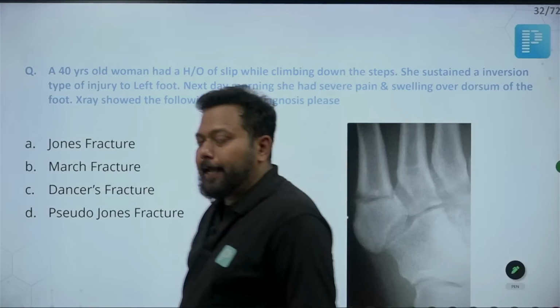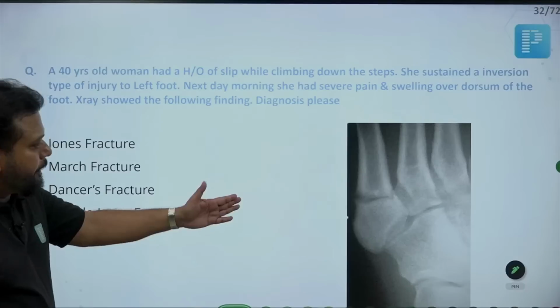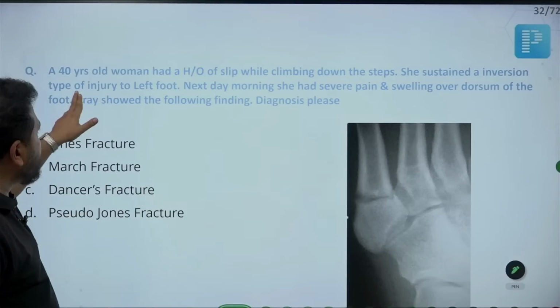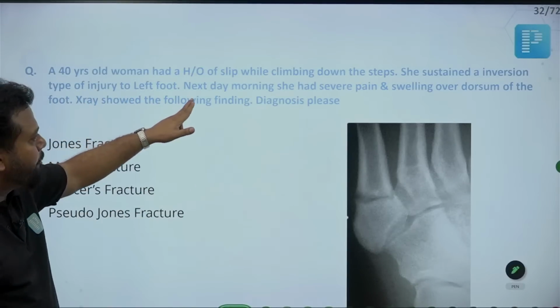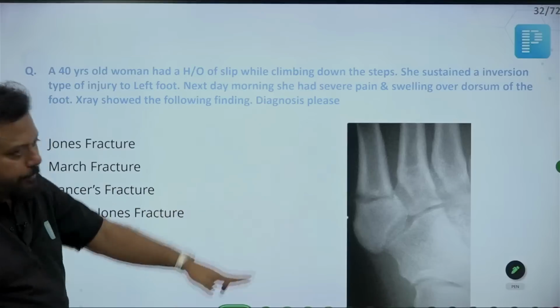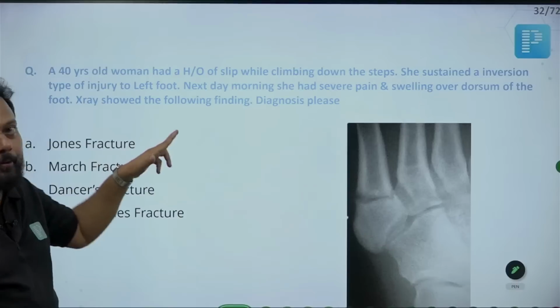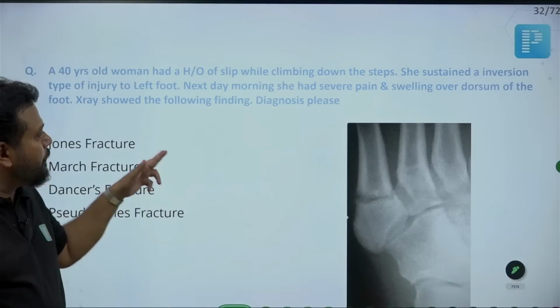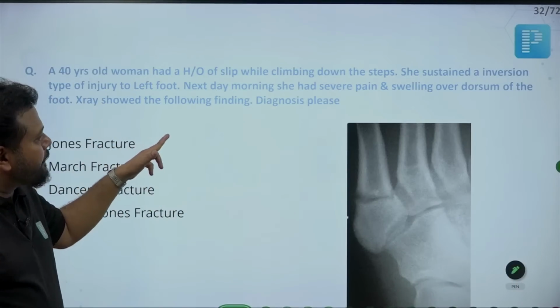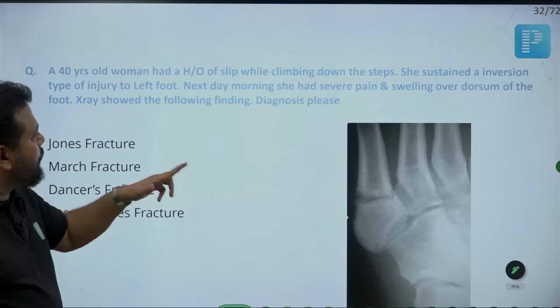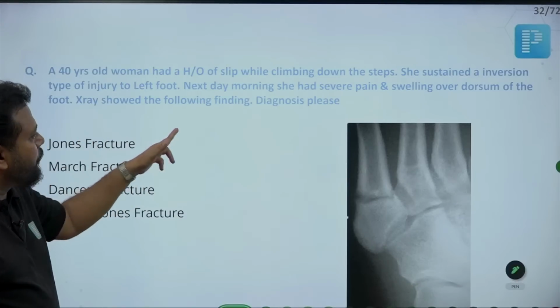Coming to the next question. Look at the X-ray and diagnose. A 40-year-old woman slipped while climbing down the steps and sustained an inversion type of injury to the left foot. Next morning, she had severe pain and swelling over the dorsum of the foot. The X-ray shows the following finding.